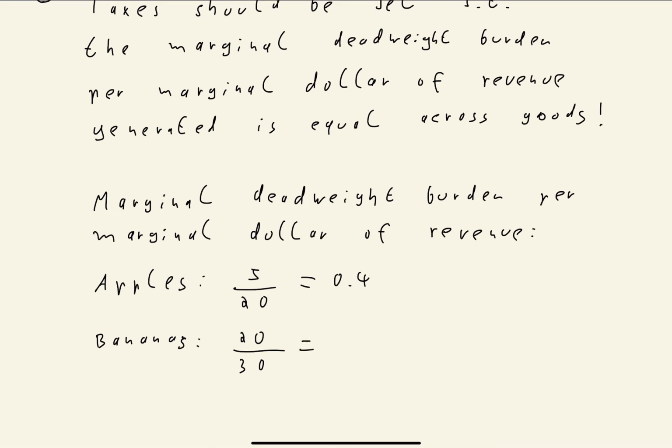Let me just get my calculator real quick so I get the exact number. So it's 2/3, so it should be 0.6. I think that's correct. Let me just check to be sure. Yes. And then we have cantaloupes.